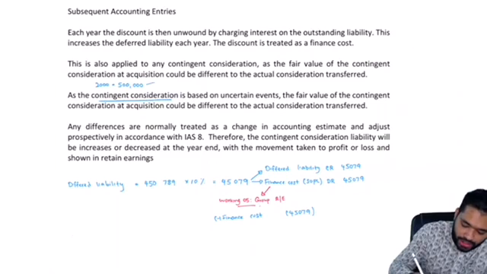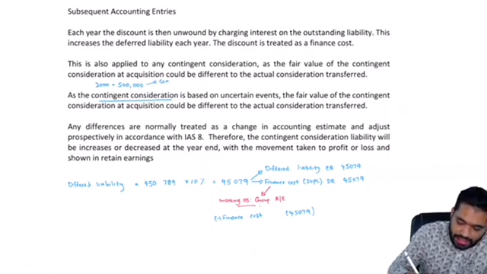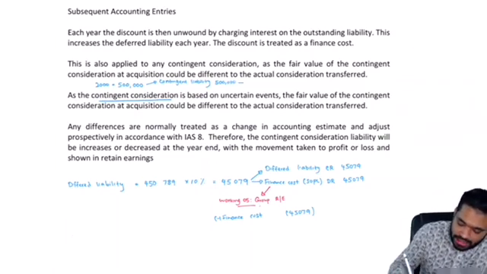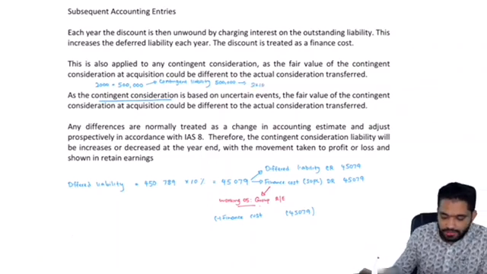So the initial recognition here, what we'll be doing is we'll be taking the contingent liability, you'll be measuring it at 500,000. But then later on, let's say it goes to 2010.